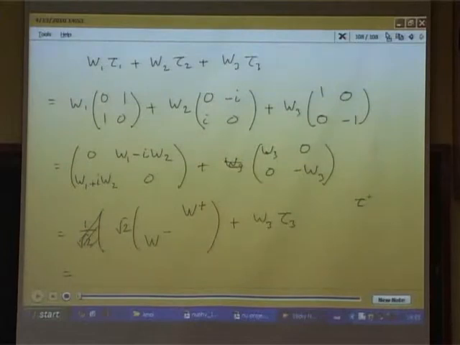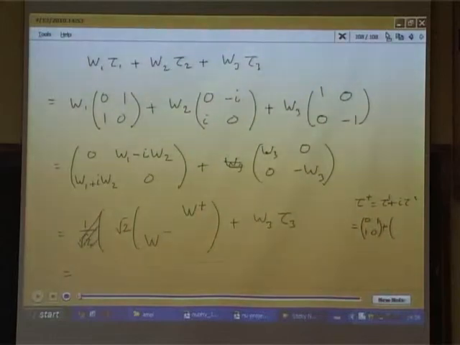See, we also have this tau plus and tau minus. So tau plus is defined as tau 1 minus i tau 2. I think it's minus. I correct the sign. So tau plus therefore is 0 1 0, plus i times tau 2.